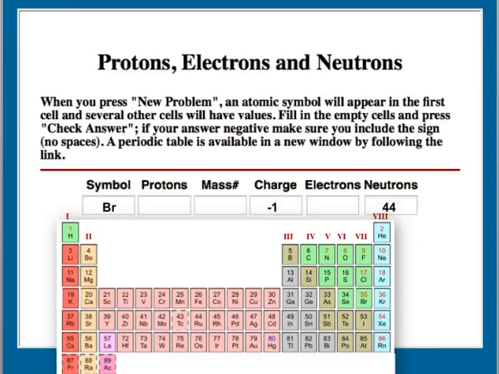Bromine is there. Or here. So you look for the atomic number. That's the number of protons. What's the atomic number? 35. Go ahead and figure out the rest of these, and I'll hush for a second.